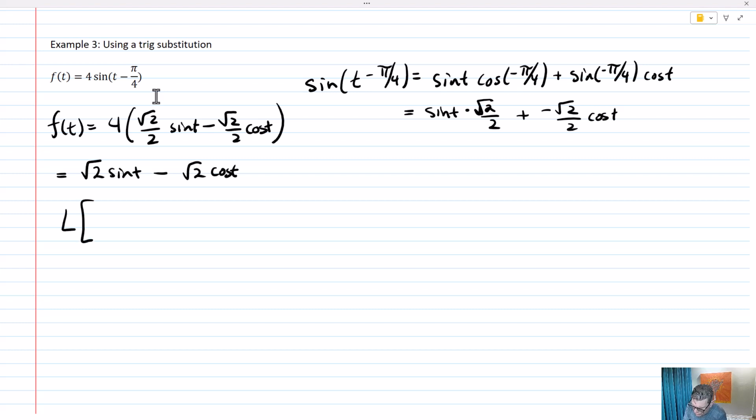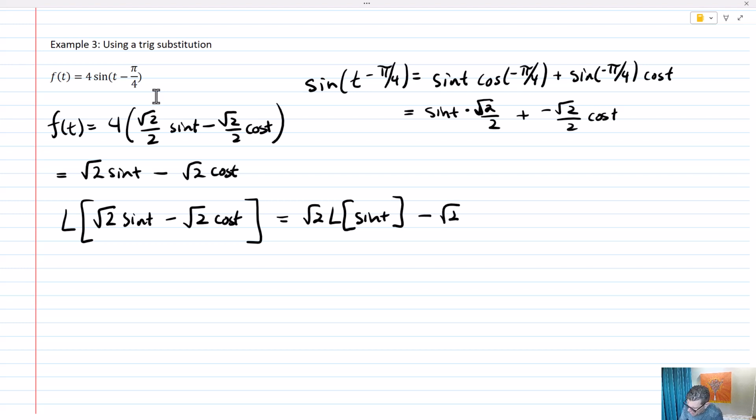So the Laplace transform of root 2 sine t minus square root of 2 cosine t is going to equal the square root of 2 times the Laplace transform of sine t minus the square root of 2 times the Laplace transform of cosine t. Now, all we've got to do there is use the addition and scalar multiplication in order to actually make that transformation.